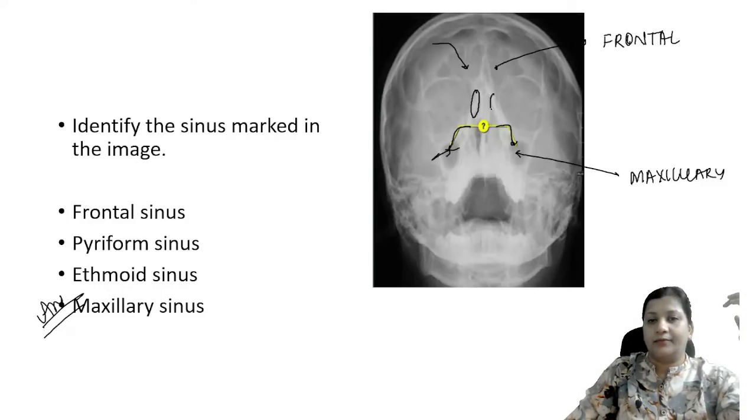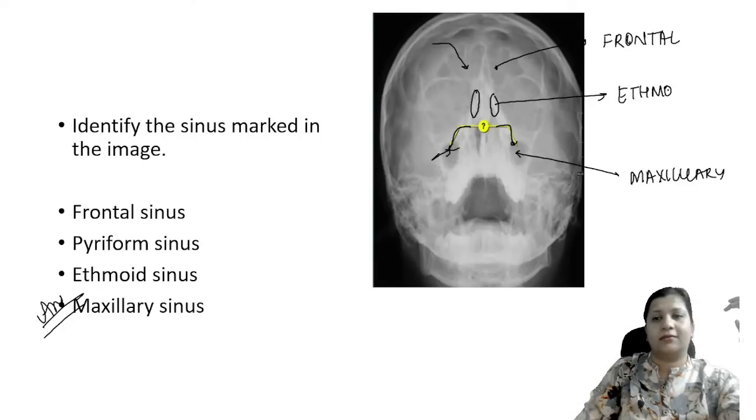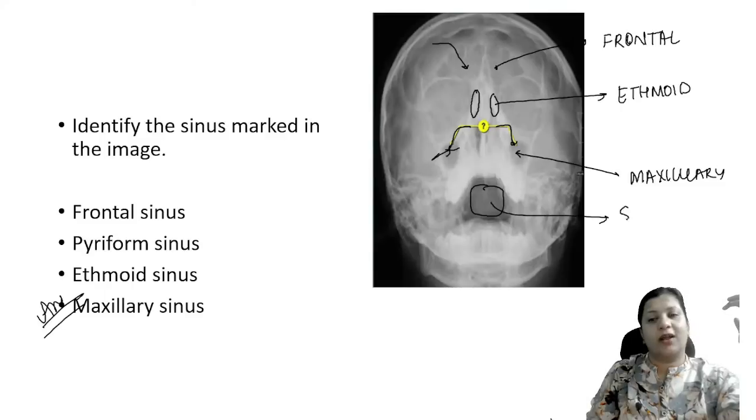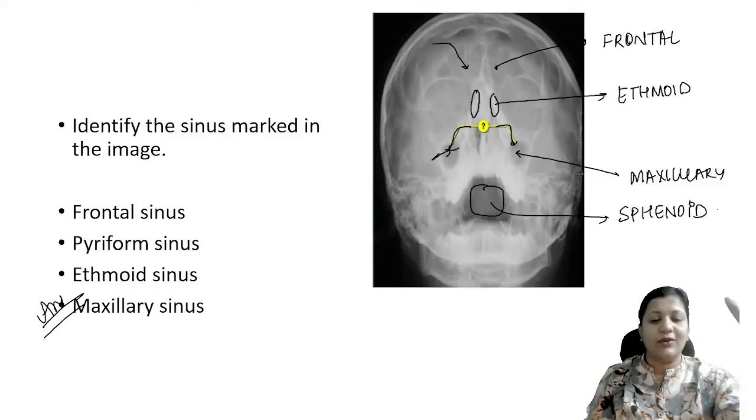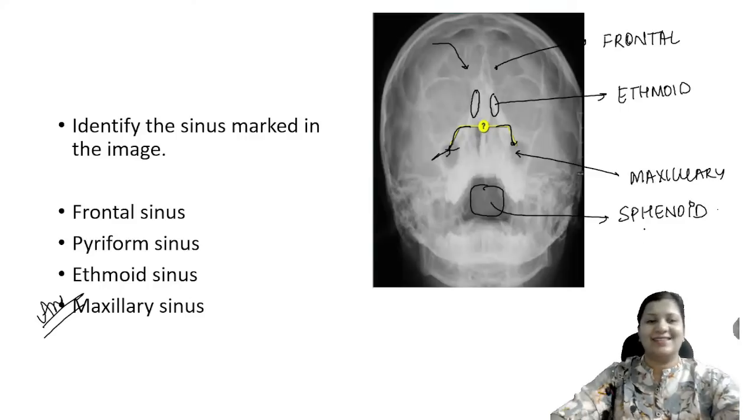Medial to the eye, you have your ethmoidal sinus. And through the mouth, what you see here is your sphenoid sinus. I hope everyone knows the locations of the sinuses. The view that you see here is the Pierre's view, and the image is showing the marked structure of the maxillary sinus.